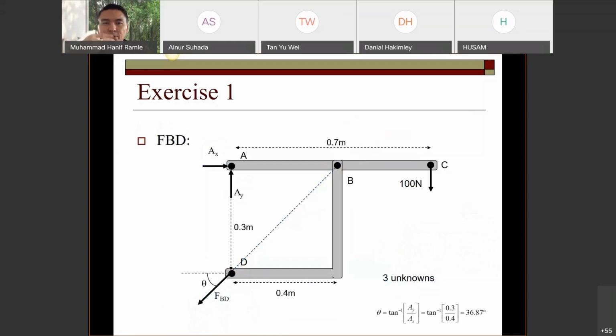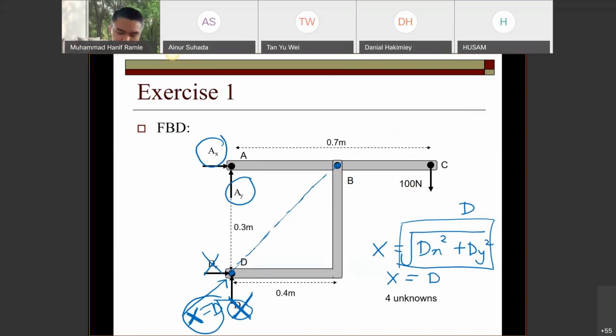So in this screen, you can see the force is FBD. The F is not fixed. It depends on you. You can put D, you can put X, you can put anything that represents the force. In my case I put D, and at the end of the day you will get the same answer.